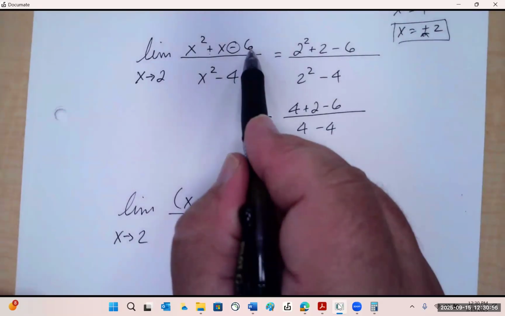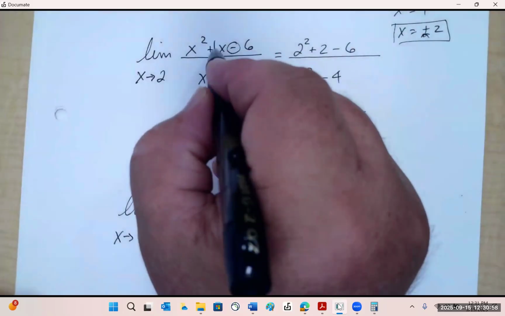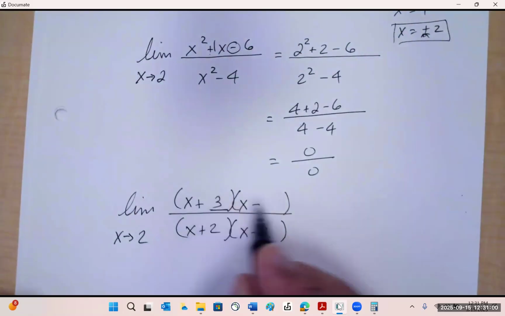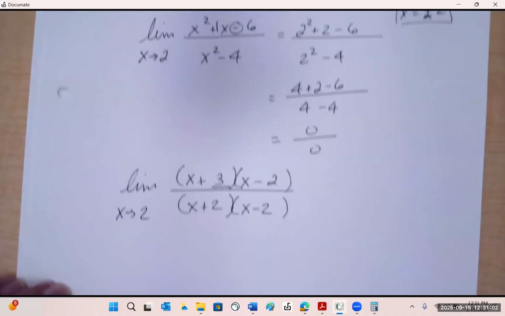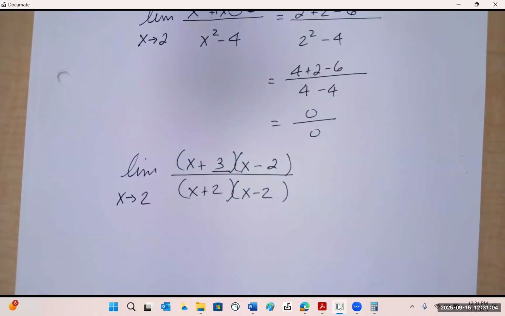What times what is 3? When you subtract them, you get 1. 3 and 2. So however you were taught in algebra to factor quadratic equations.